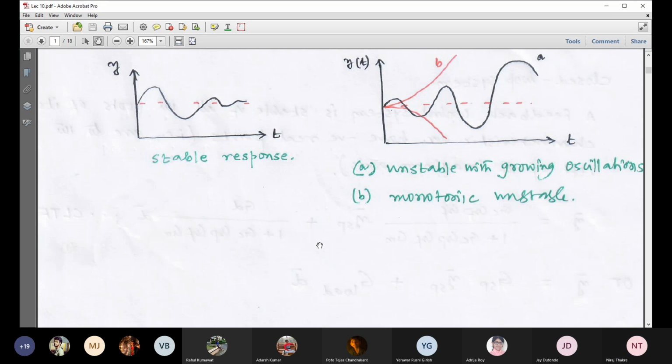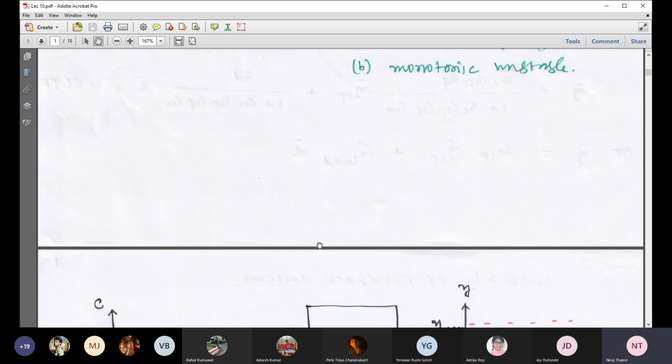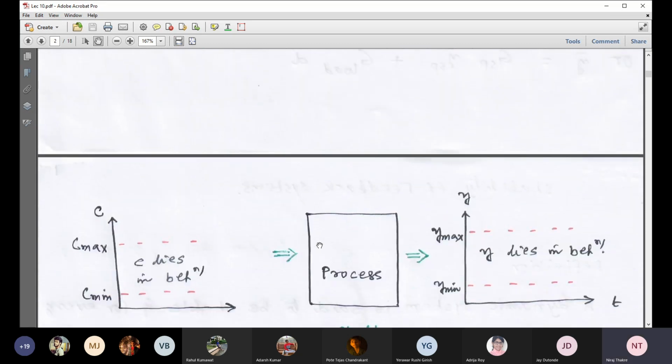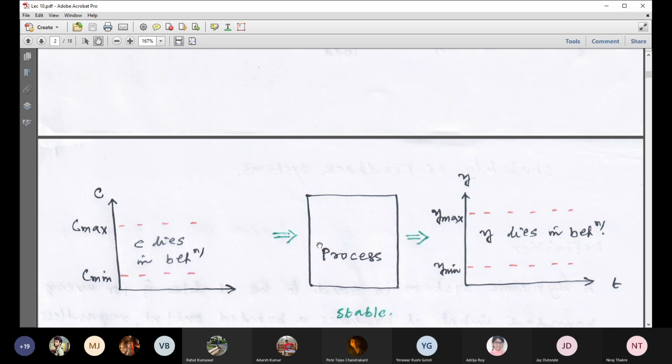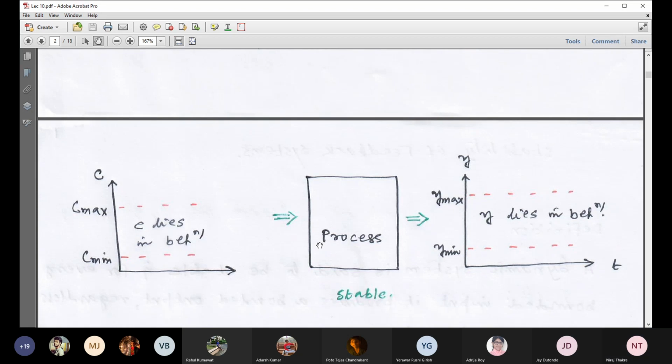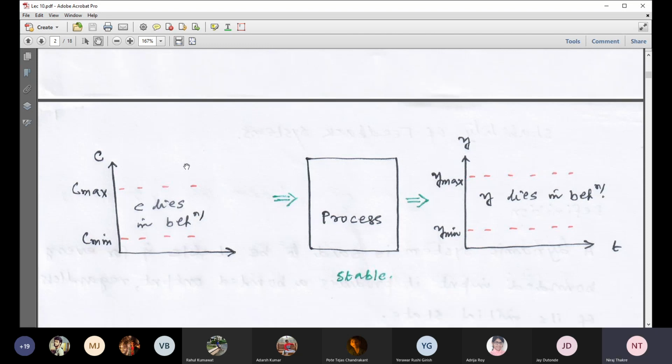Now, what I want to mean by this, you see, this is the actual case I want to mention here. We have a process, and in the input section, you see this is the input.